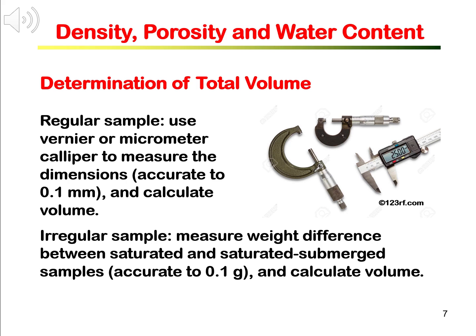For regular shape, we will use vernier or micrometer caliper to measure the dimensions, such as the diameter and the length. Those tools usually have accuracy of 0.1 millimeter to micrometers. With the dimensions measured, we can calculate the volume using the standard volume equations.